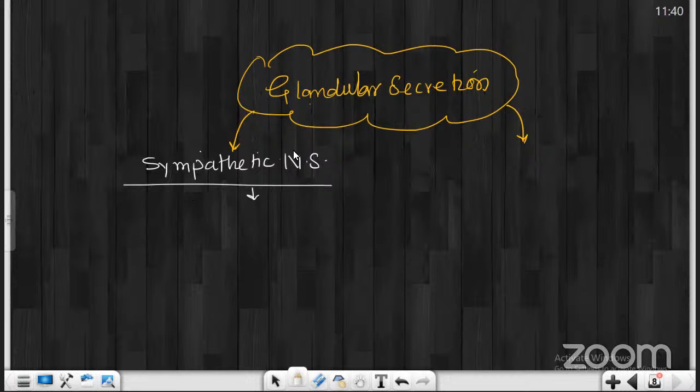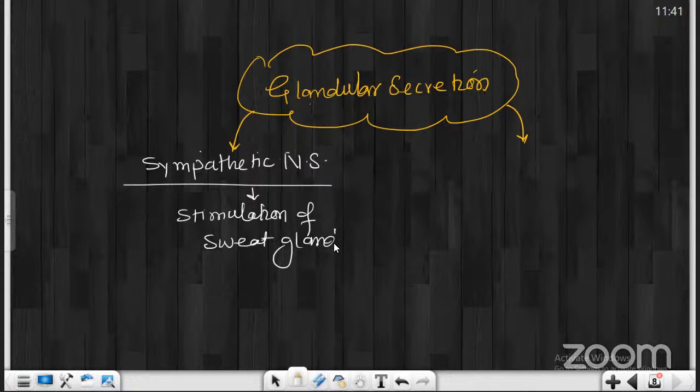So the sympathetic nervous system causes what? Stimulation of the sweat gland. And what about the parasympathetic case?